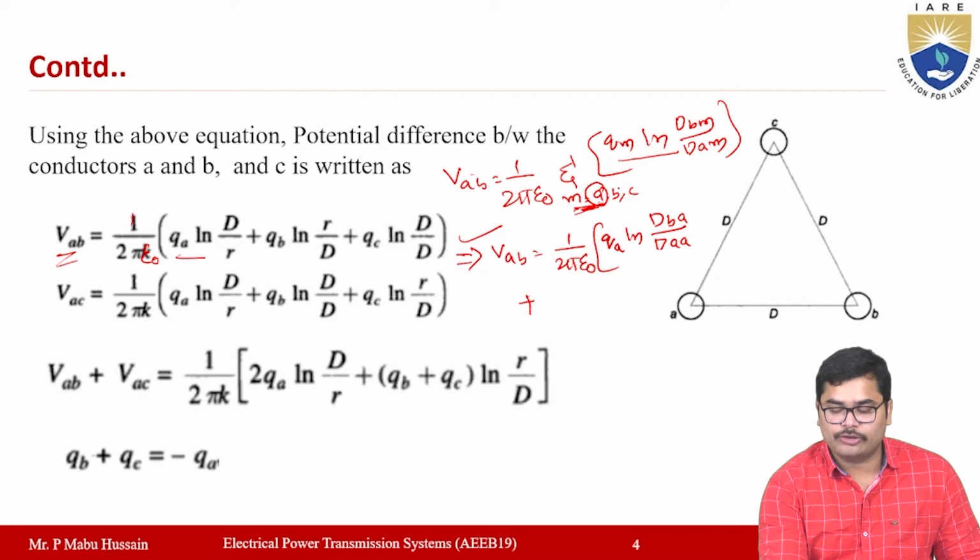Plus, if you substitute B here, you will get QB ln DBB by DAB.